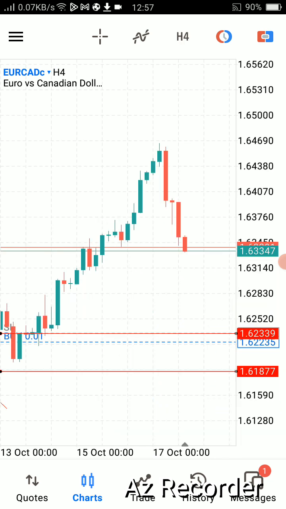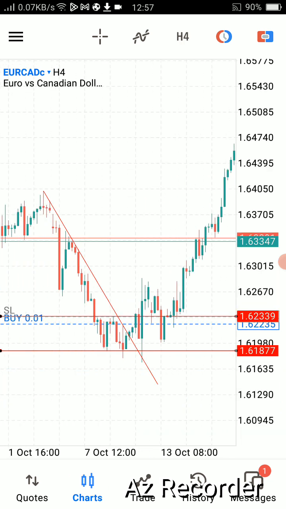if this trend line was to be broken, that was enough signal for me to look for buys. And of course, the trend line was broken.